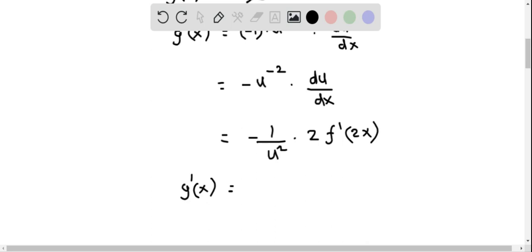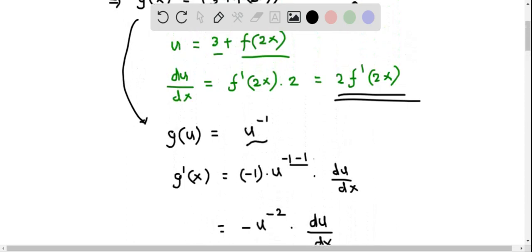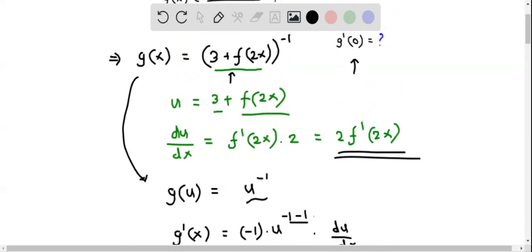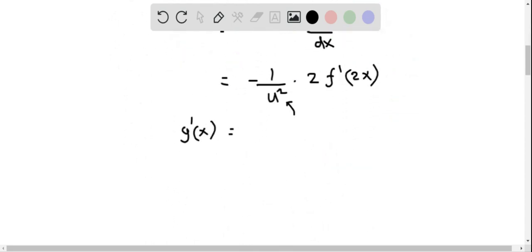So g prime of x equals, we replace u by the substitution equation, that is u equals 3 plus f of 2x. We do the back substitution for u. So therefore we can rewrite this as negative 1 times 2 is negative 2 times f prime of 2x. This is the numerator expression.